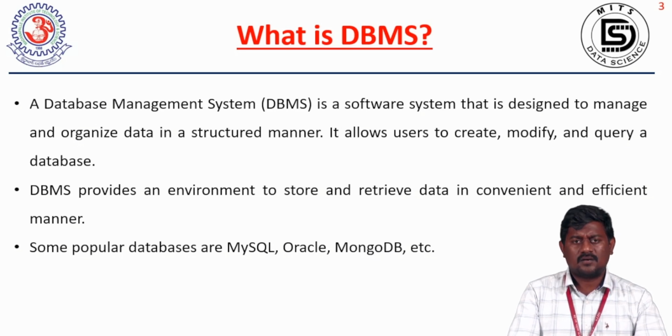A lot of problems were found, so that's the reason they use DBMS. We have multiple types of DBMS software like MySQL, SQL Server, Oracle, MongoDB, DB2, etc. We are using these database management system software right now.